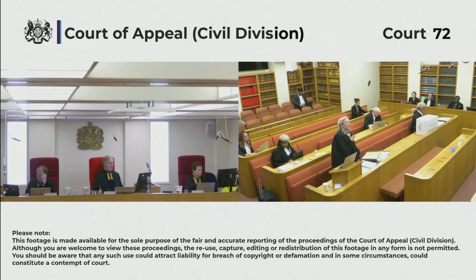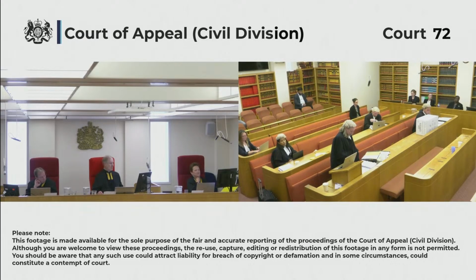So it's the process of refusing permission, but also certifying it as totally without merit. And so the decision maker has got to think and give reasons why it's not just weak, it's not just likely to fail, but why it cannot succeed.